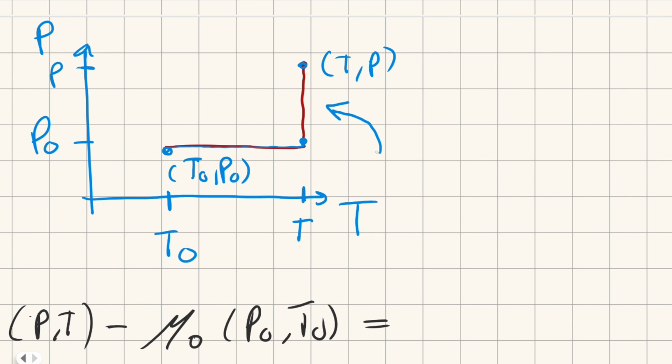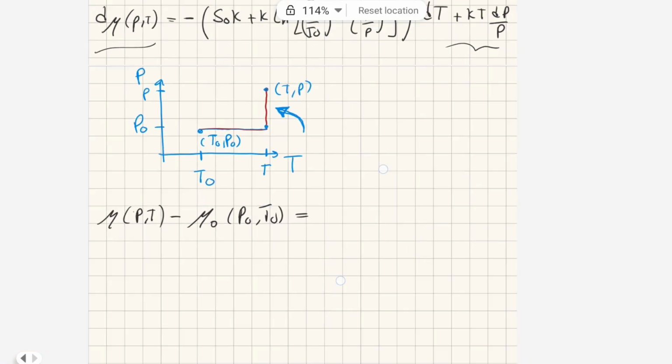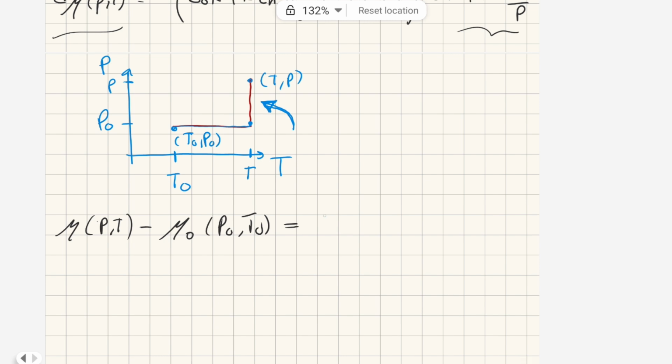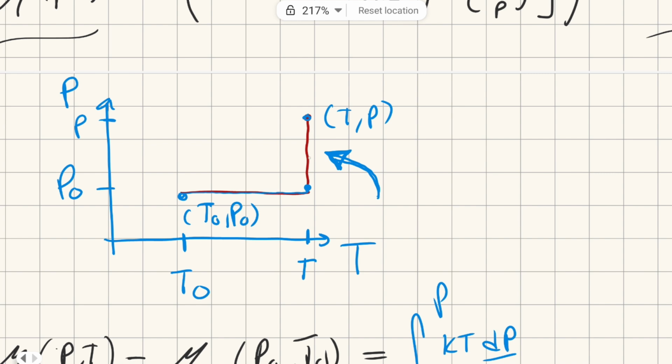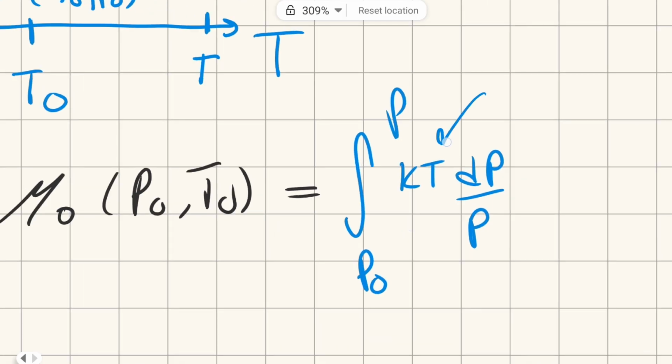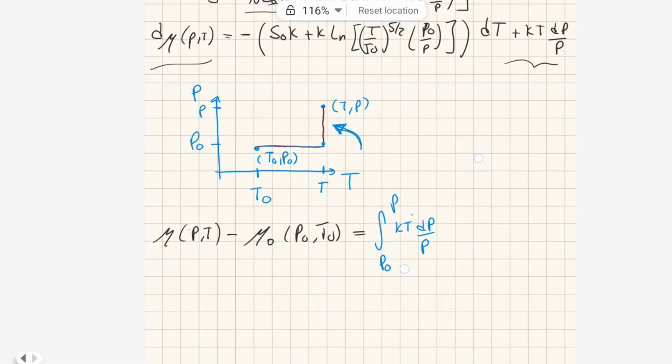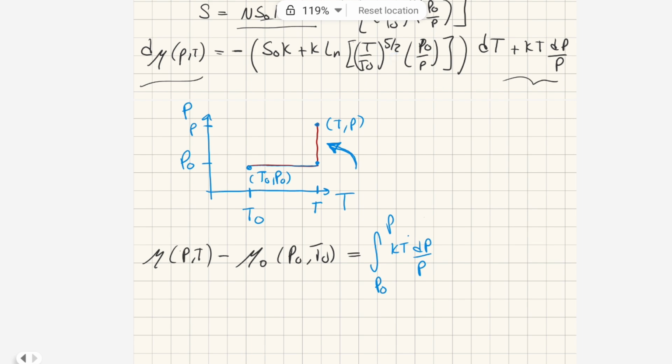So we can only consider the integration on this side of the path. That means that the integral is going to be from p0 to p of kt dp over p. And looking that in this path the temperature does not change, this t that we have here is going to be constant. Okay, perfect.